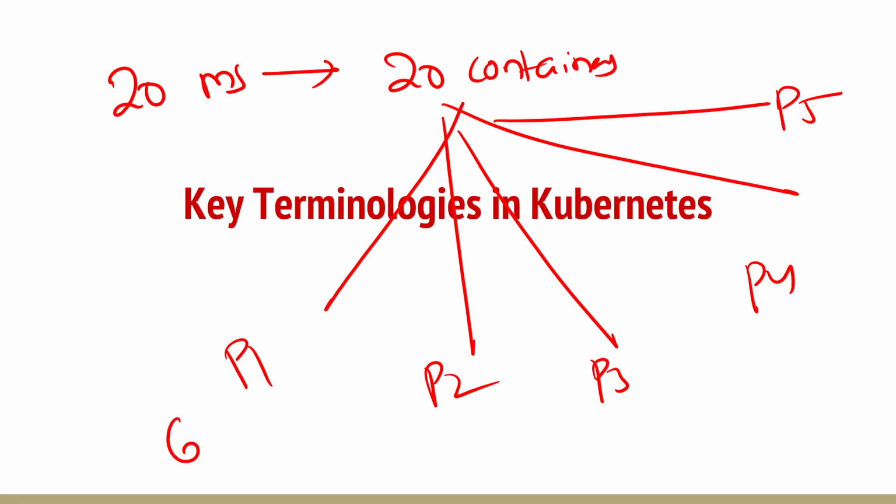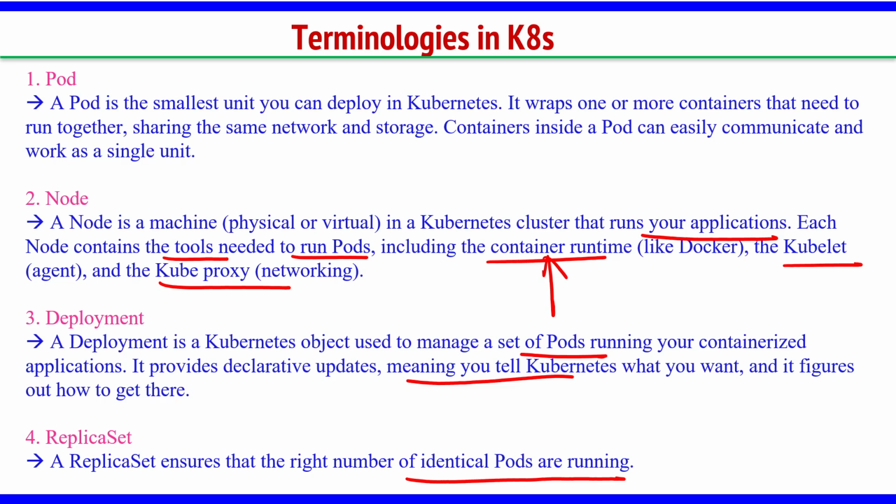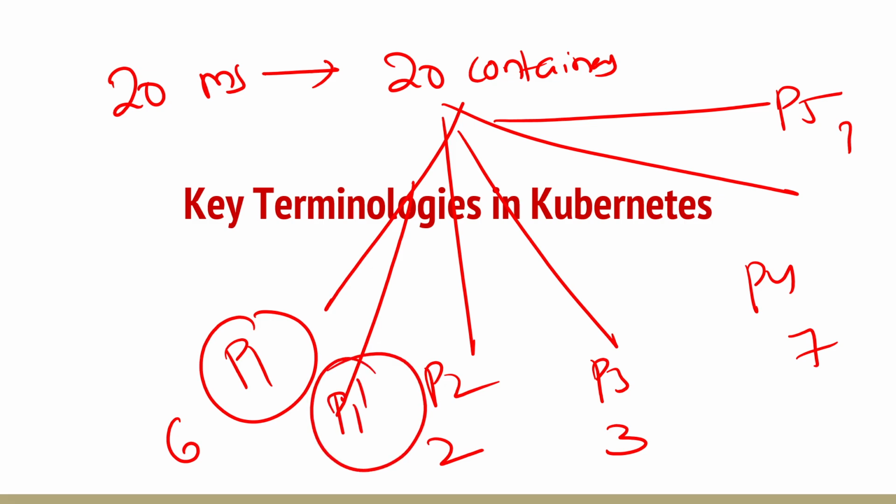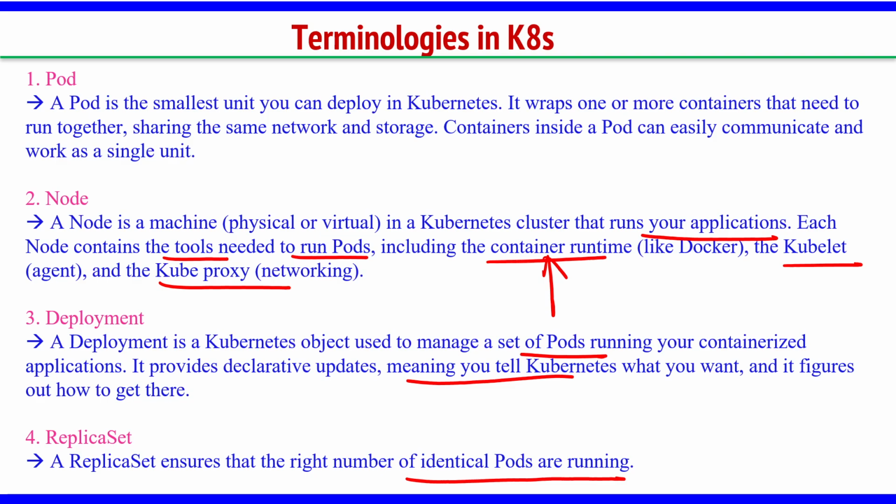Here there are 6 containers, here 2, here 3, right, here some 7, here 1, like this we may have different pods. Okay. So, replica set ensures the right number of identical pods are running. So, sometimes when you want to balance the load, you may have a duplicate pod, P1 copy, also running for you. So, the replica set takes care of that, right.